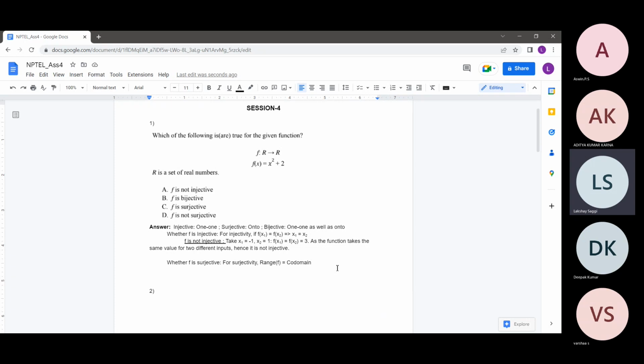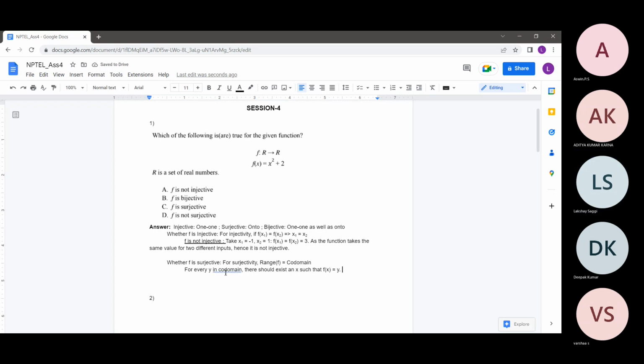Writing it out, we need to show that for every y in the codomain, there should exist an x such that f of x is equal to y.